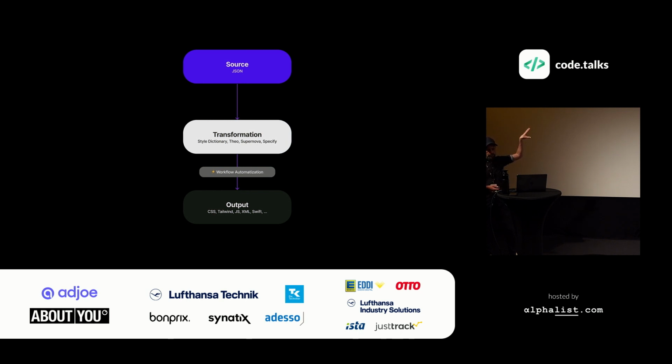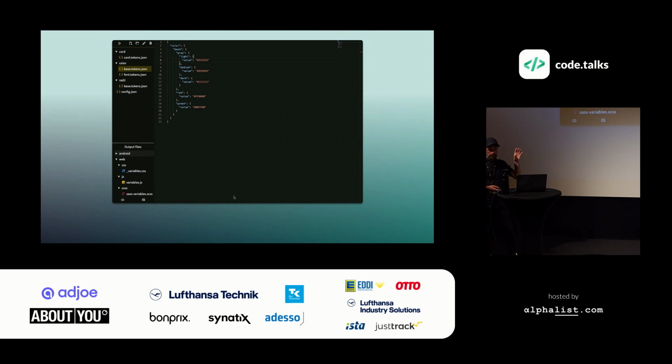There are specialized tools like Style Dictionary or Theo, but you also have some really powerful management systems for that, like Specify or Supernova. Yeah, that's just a quick demo of Style Dictionary by Amazon.